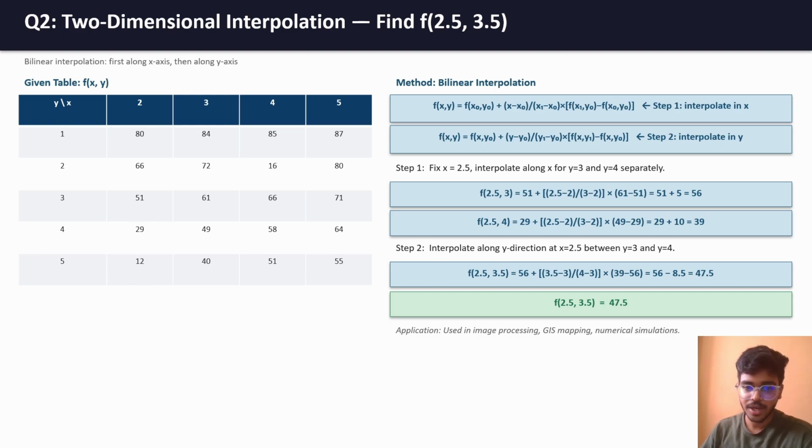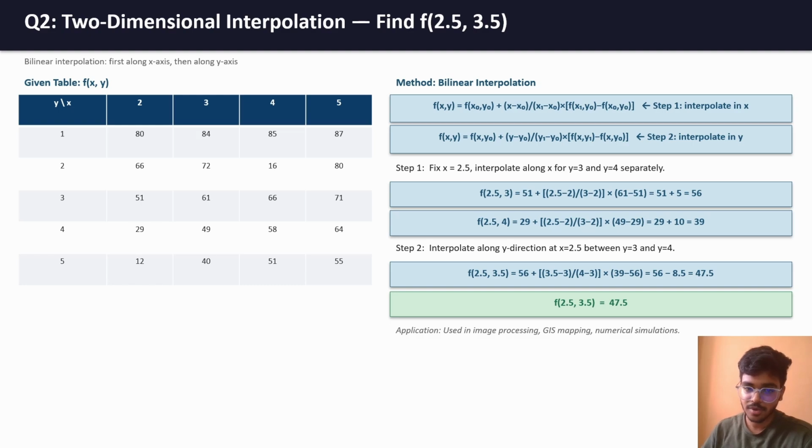For f of 2.5, 3 equals 51 plus 2.5 minus 2 divided by 3 minus 2 times 61 minus 51, which equals 56. Now at y equals 4, f of 2, 4 equals 29 and f of 3, 4 equals 49.